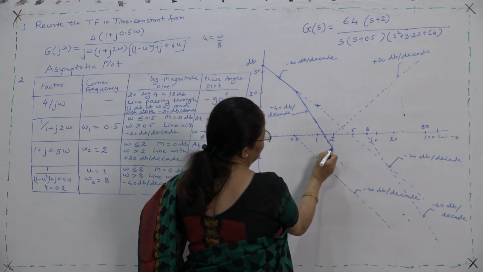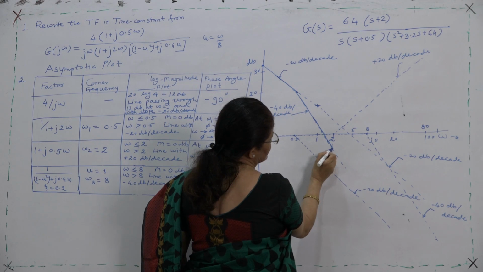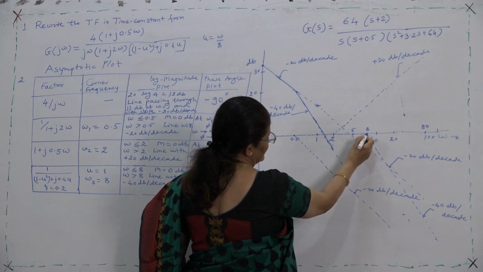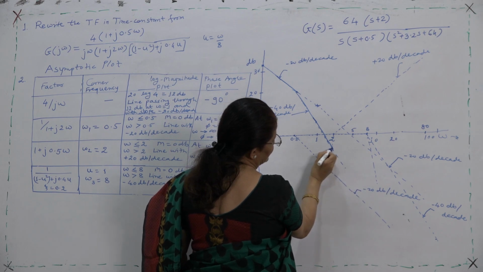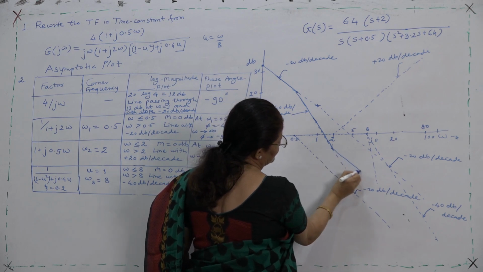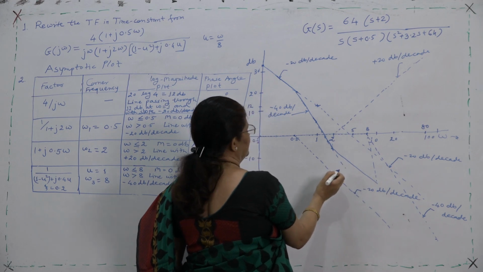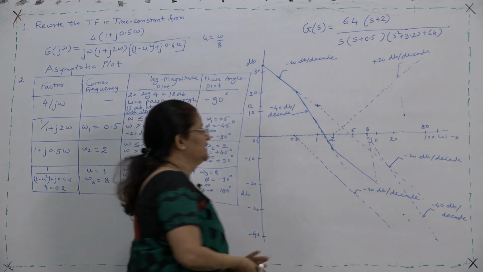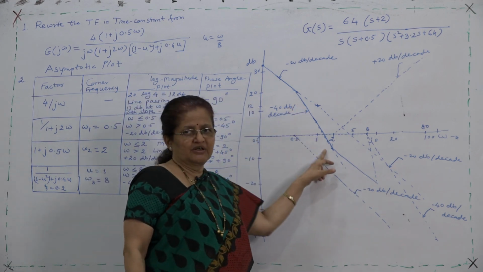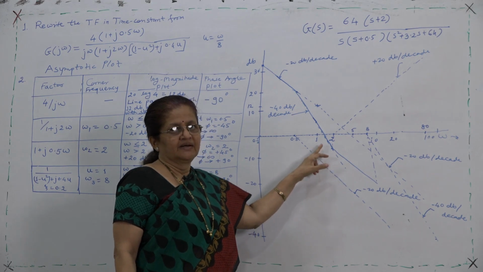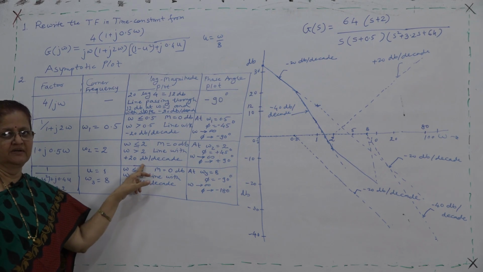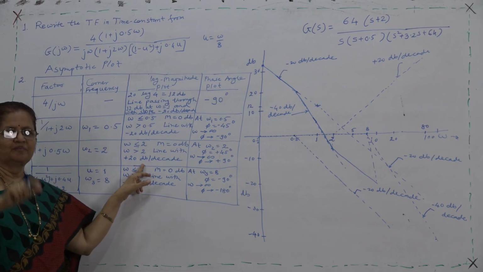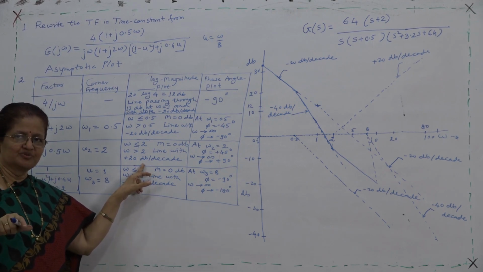So, draw a line parallel to this till 8. So, till 8 you draw a line parallel to minus 20 dB per decade. Why now this is minus 20? Already it is minus 40 dB per decade. This factor will contribute plus 20 dB. So, minus 40 plus 20. So, how much we will get?